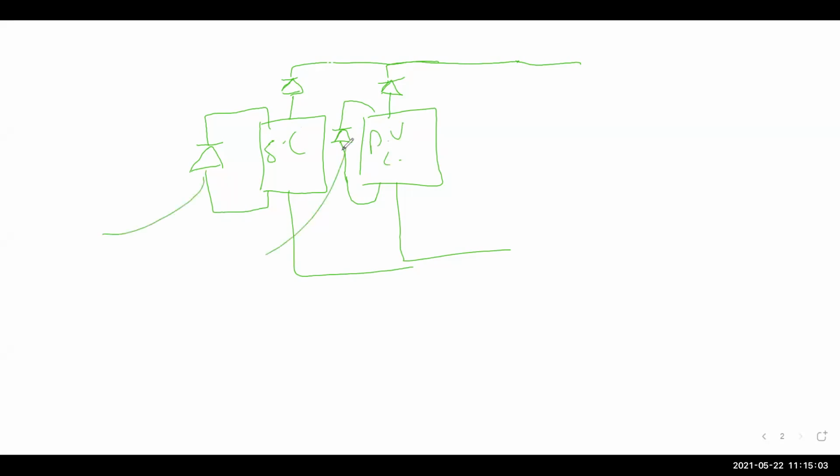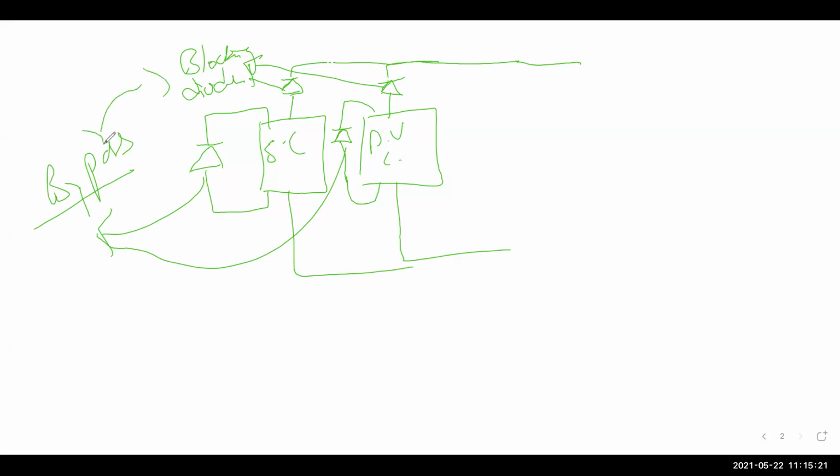Now these diodes are your bypass diodes, and these are your blocking diodes. Their purposes are the same but they are used at different locations. The bypass diode is used across each cell, and the blocking diode is used for the entire solar panel.